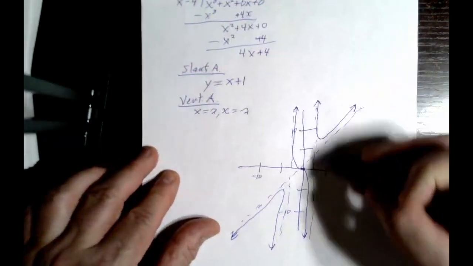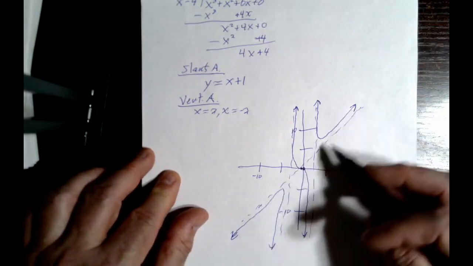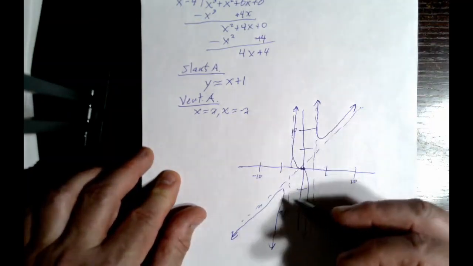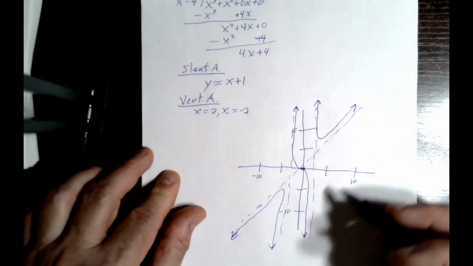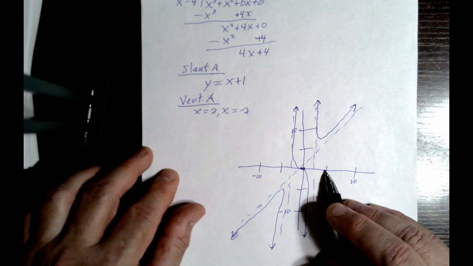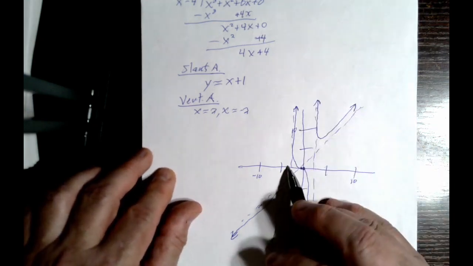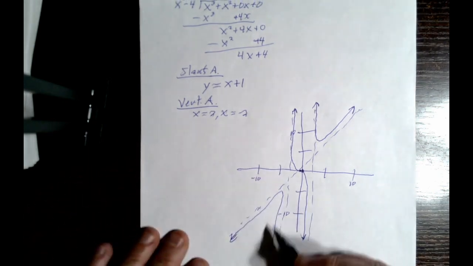So again, you've got two verticals at minus 2 and 2, and your slant at y equals x plus 1. And when you graph some other points here, you see that it's got all these curves. You got to graph quite a few points, like at 3, 4, and 5 to see that it's up here, and at minus 3, 4, 5, and so on to see that it's down here.